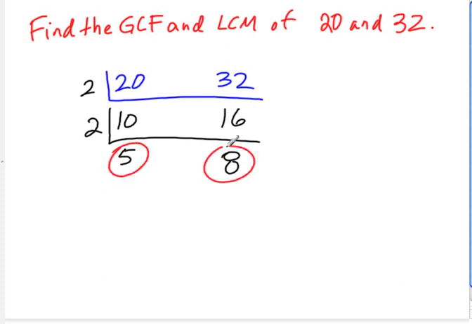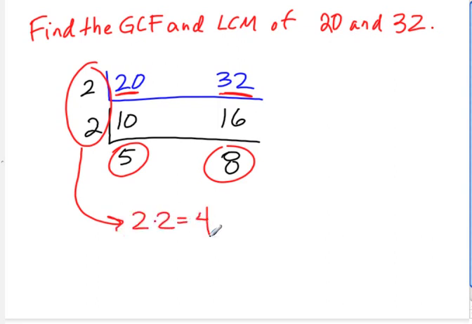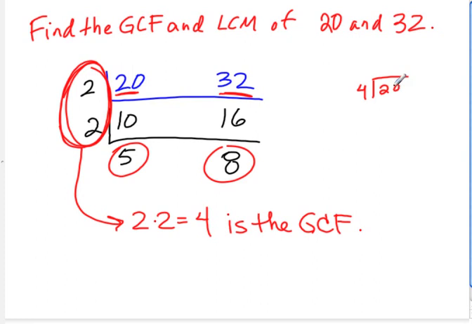Okay? So the greatest common factor, the biggest number that can divide into 20 and 32, is the multiplication of all the numbers on the left. So 2 times 2 equals 4, that's the greatest common factor. 4 is the biggest number that can divide into 20 and 32.